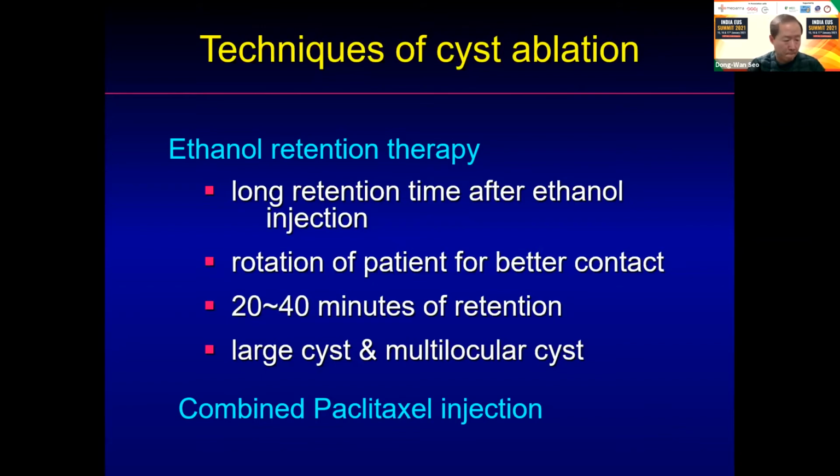This can give better contact of ethanol to the lining epithelium. Generally, 1 or 2 rotations are required, and this means 20 to 40 minutes of retention time. It is good for large cysts or multilocular cysts. And when necessary, we can combine paclitaxel injection.